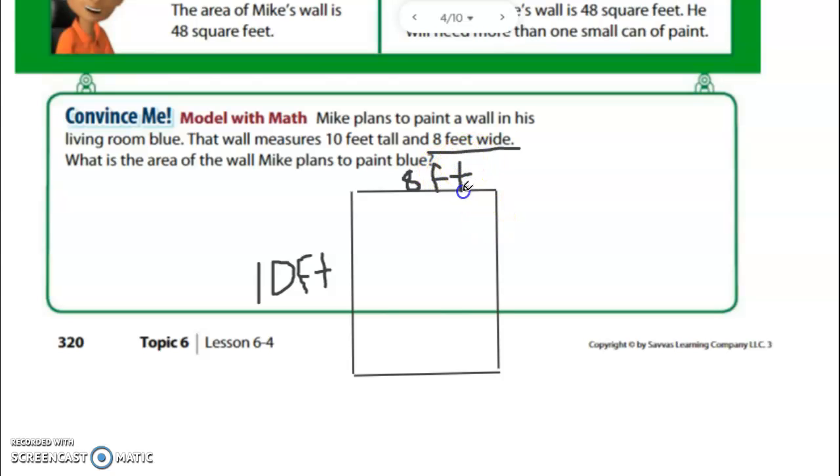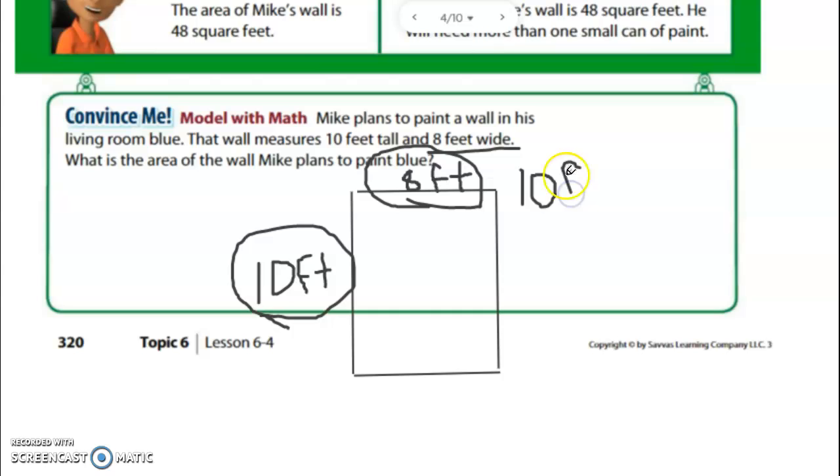To find the area, we multiply the length times the width. What is 10 feet times 8 feet?